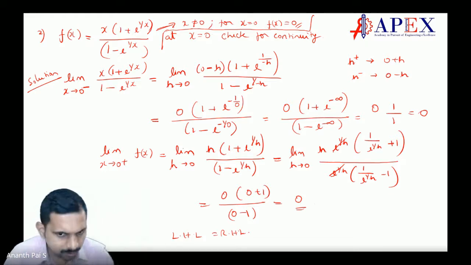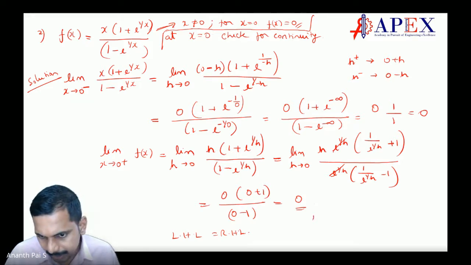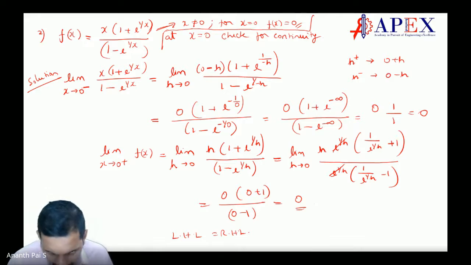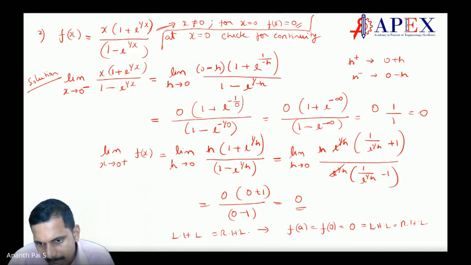So here three things are happening. First, the left hand limit is equal to the right hand limit, which is equal to f of 0, because f of 0 is equal to 0. So what happens? f of x is continuous.